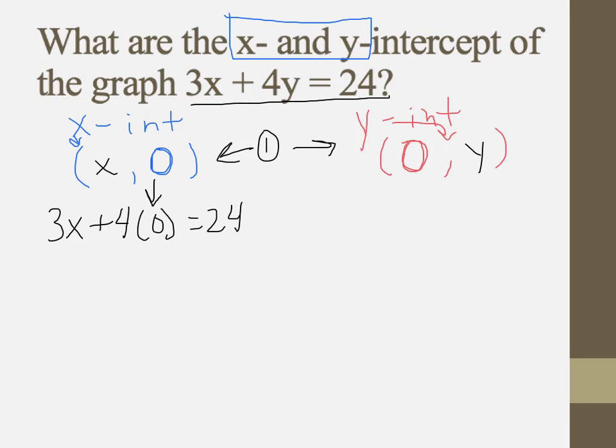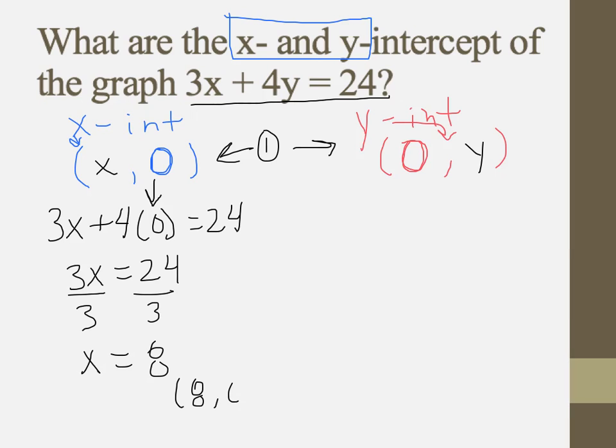The 0 comes from the x-intercept, y is always equal to 0. Then if I simplify this, I get 3x is equal to 24, and then I divide both sides by 3, and I get x is equal to 8. So my final answer would be 8, 0. So that's my x-intercept. It crosses the x-axis at 8.